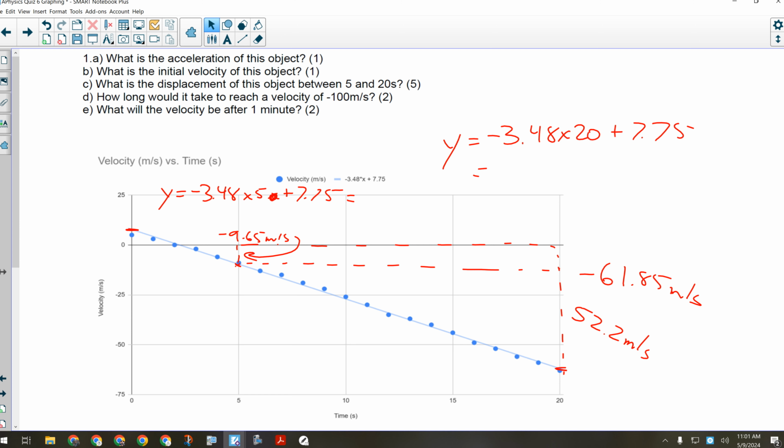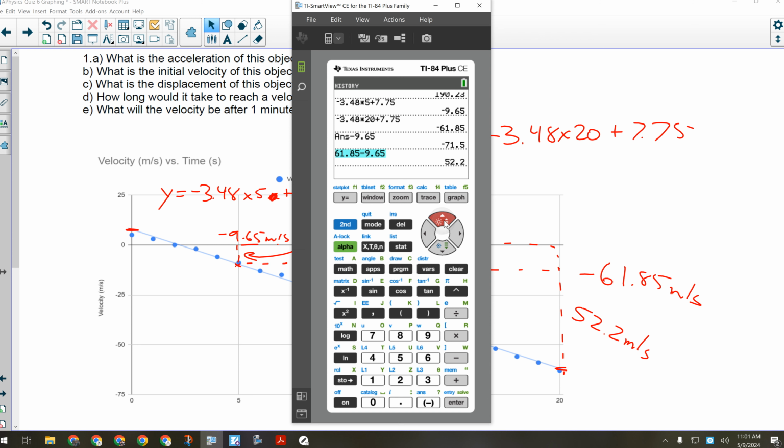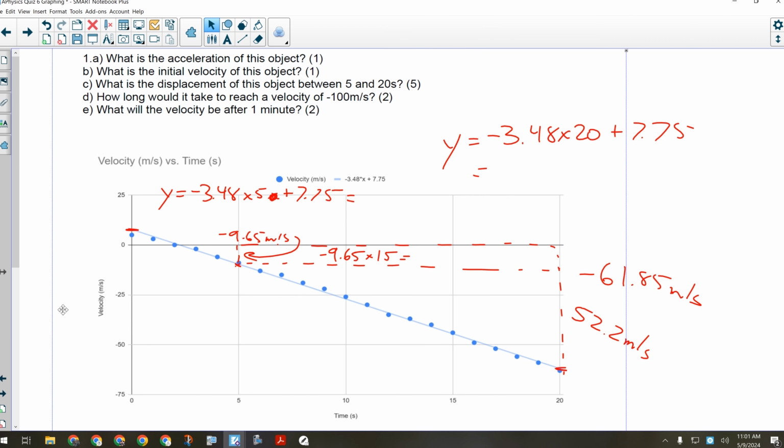So for the box, we're going to have negative 9.65 times 15 seconds. That's average velocity times time. Negative 144.75 meters.